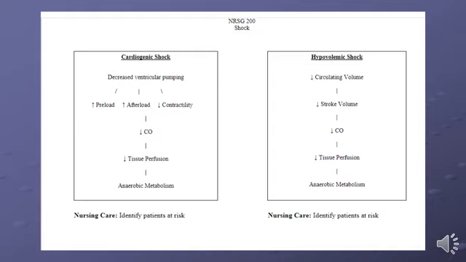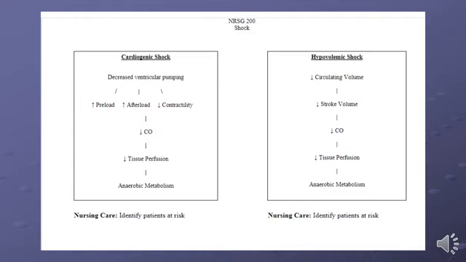So this patient is going to have rapid breathing, severe shortness of breath, tachycardia, changes in LOC, weakened pulses, decreased blood pressure, sweating, pale skin, cold hands and feet, and decreased urine output.